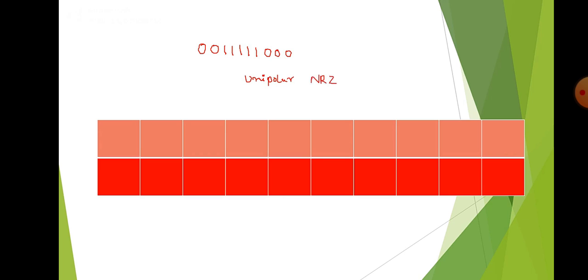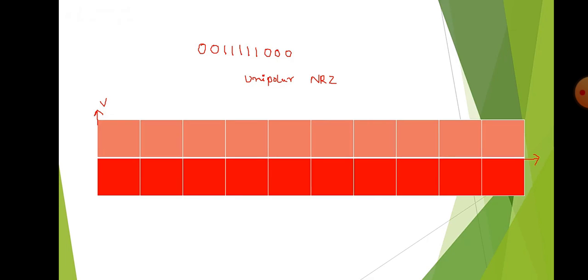NRZ scheme. In the case of unipolar NRZ scheme, the signal levels are on one side of the time axis, either above the time axis or below the time axis. So here we can represent x-axis as voltage and y-axis as time.